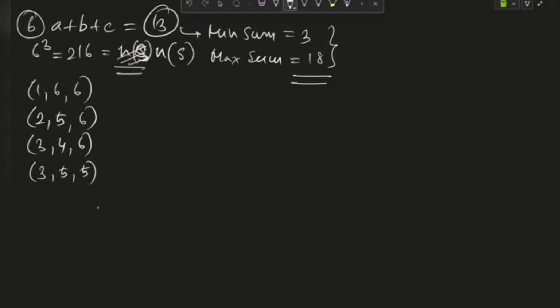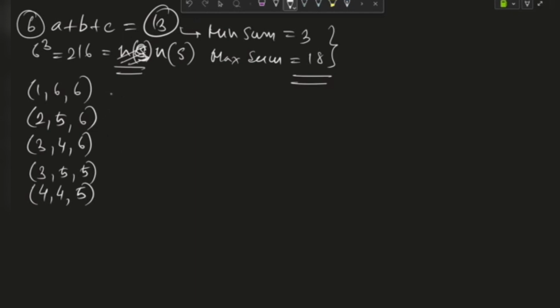And we can have 4, 4, 5 as well: 4 plus 4 is 8, plus 5. And if we check properly, I don't think any more cases are possible. Checking through 1 2 3 4 5 6, these are the cases possible.